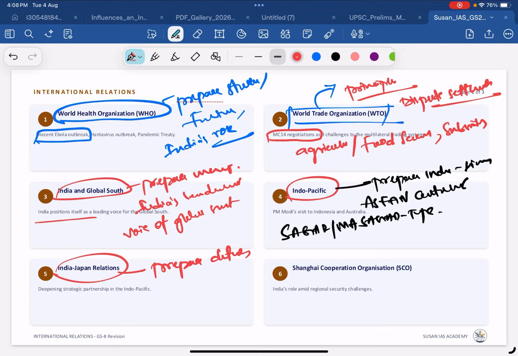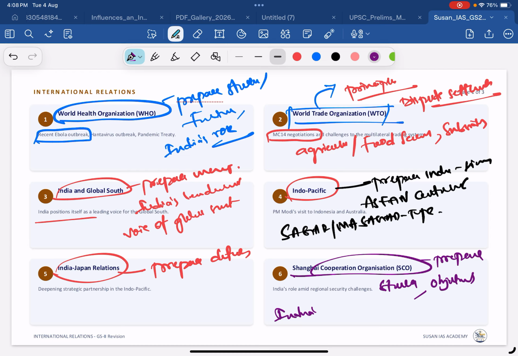And in SCO, the Shanghai Cooperation Organization, India's role amid regional security challenges: prepare its structure, objectives, India's interest, terrorism, Central Asia connectivity, and India, Pakistan, China dynamics.